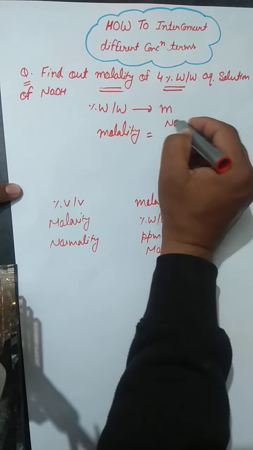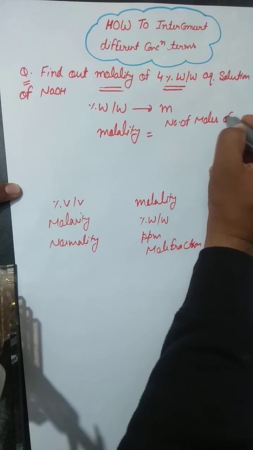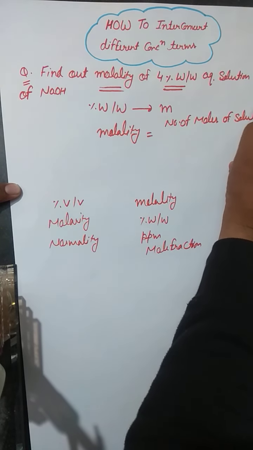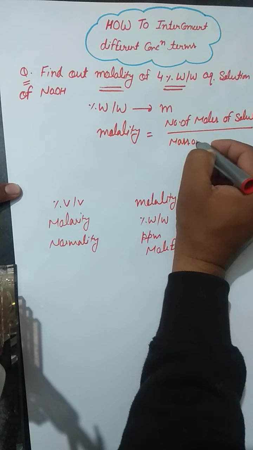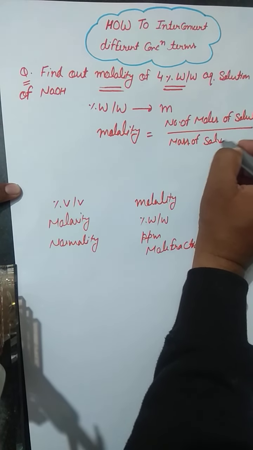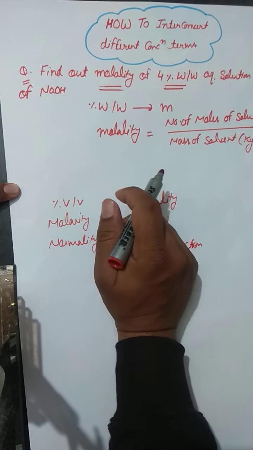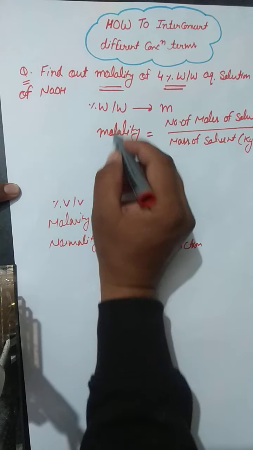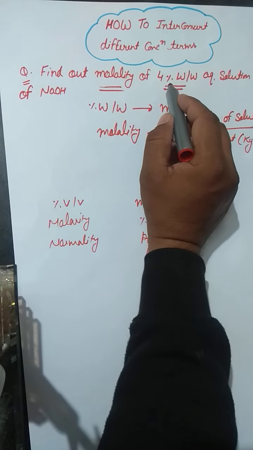What is the molality formula? That is the number of moles of solute divided by mass of solvent in kg. Clear? And what is next? Write down the formula of the concentration term which is given.